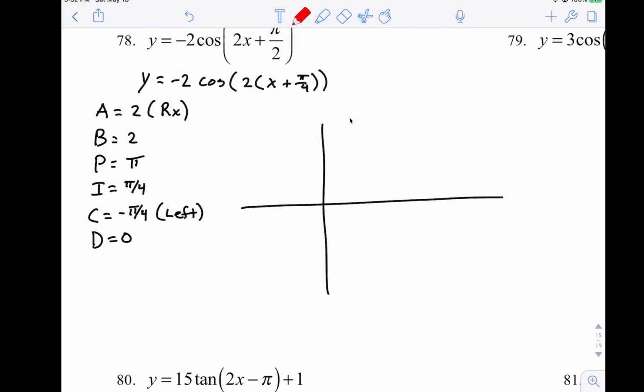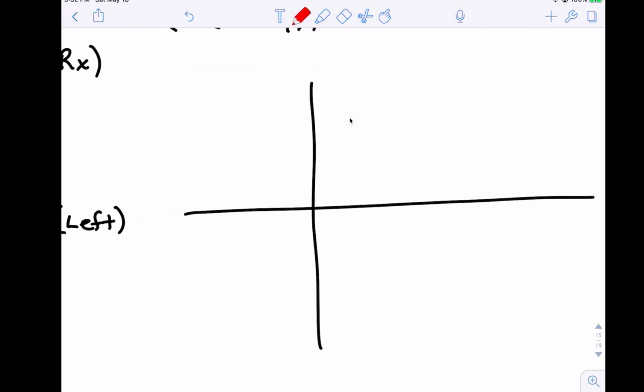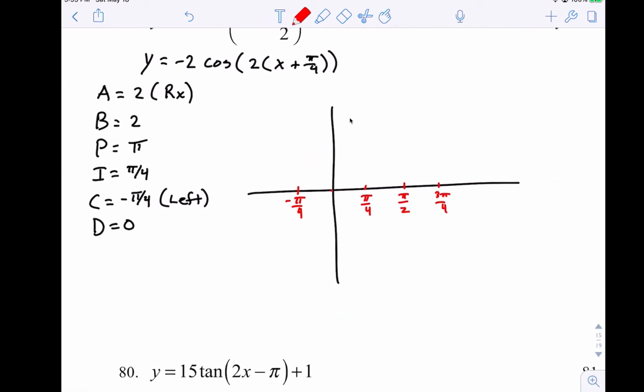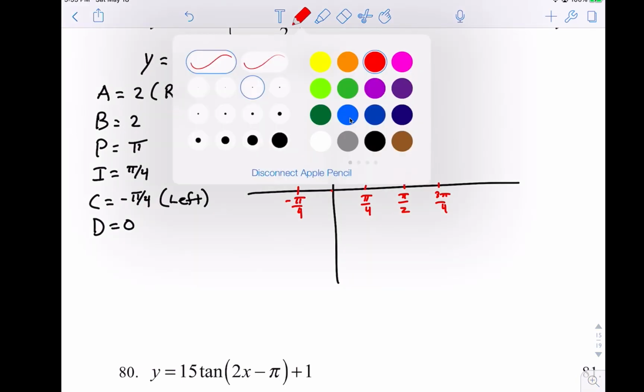Okay, so we're going to move left pi over 4 and then go up by pi over 4. So you got 0, pi over 4, pi over 2, and then 3 pi over 4. All right, so that should be one cycle. And then what else? So we're doing cosine now.